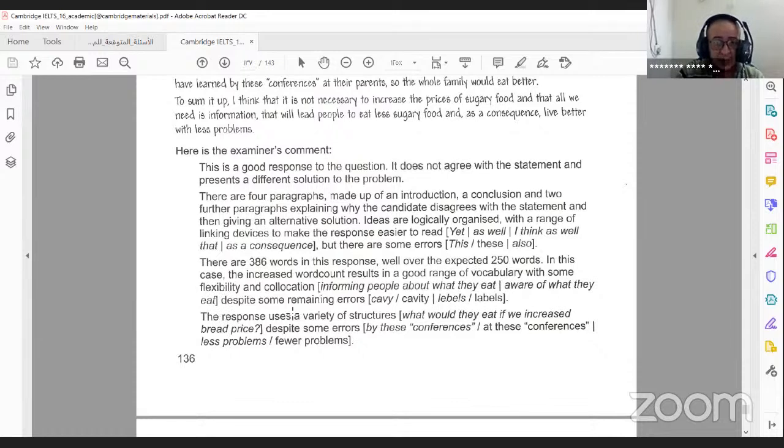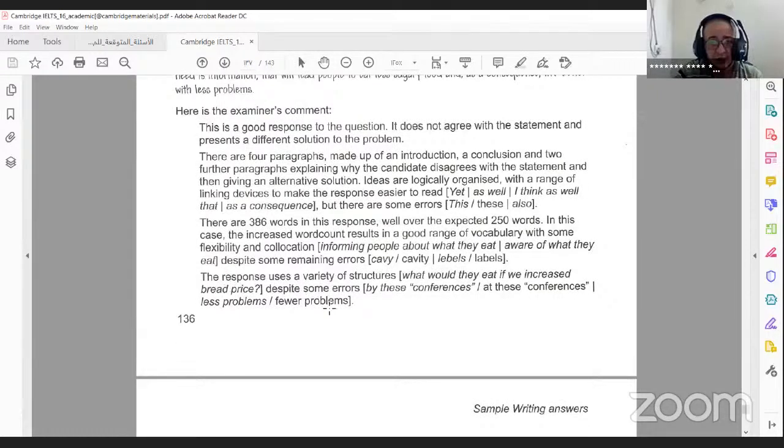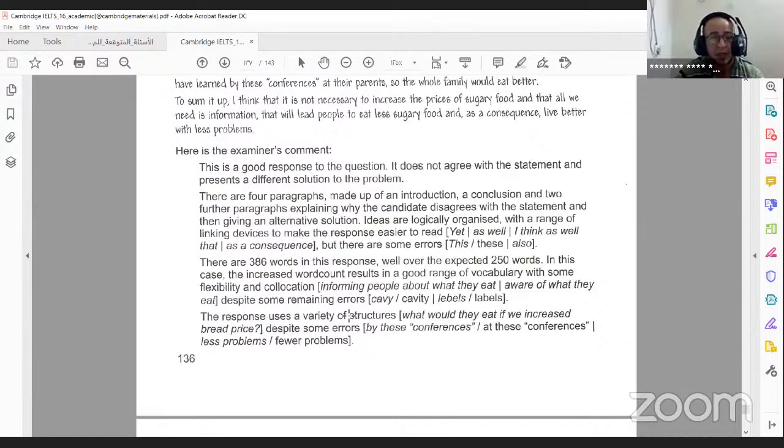Despite some remaining errors, cavity should be cavities, labels should be labels. The response uses a variety of structures, such as what would they eat if we increase a bread price? Despite some errors such as by these conferences, it should be these. Less problems should be fewer problems because problems is countable.